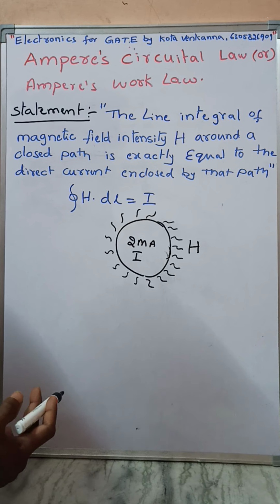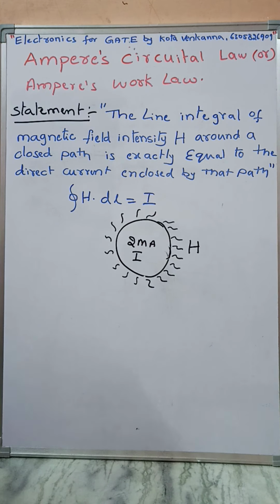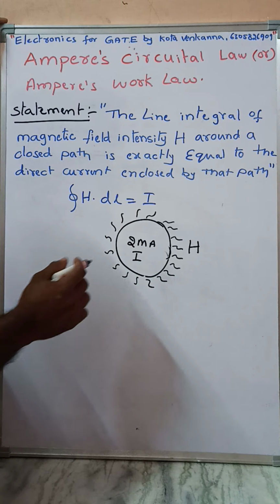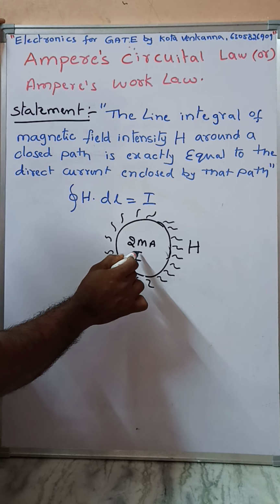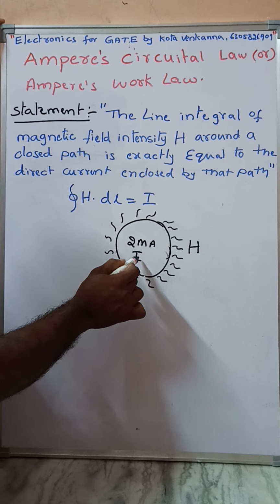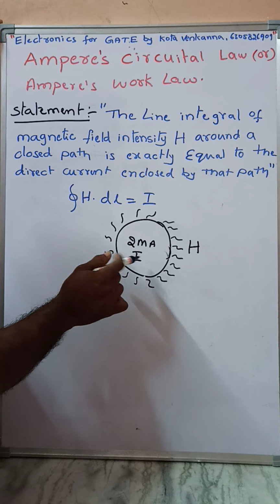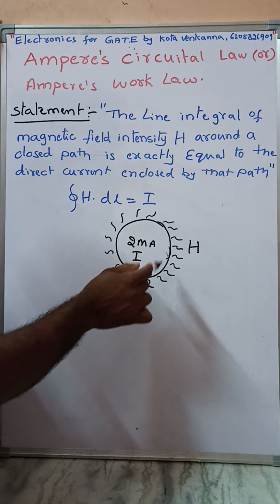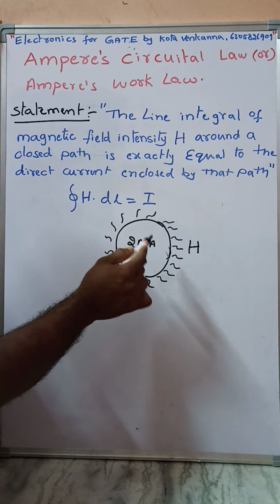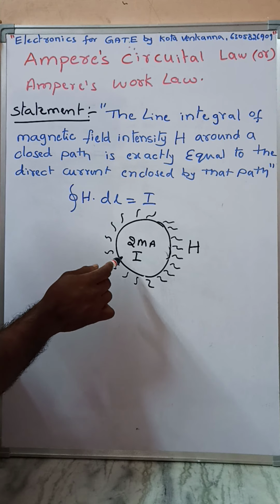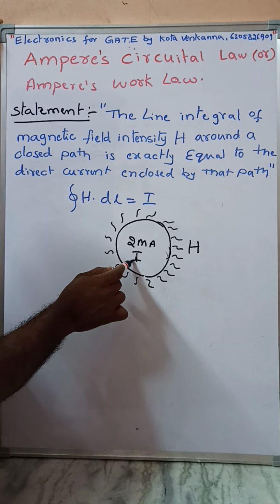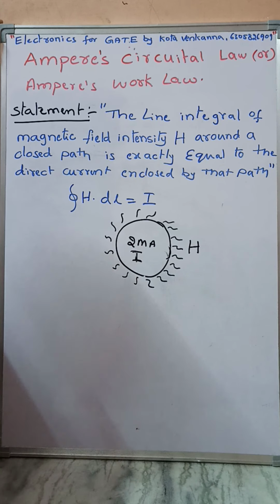So the magnetic field intensity around the surface must be equal to the current enclosed in the circular path. That statement is known as Ampere's circuital law.